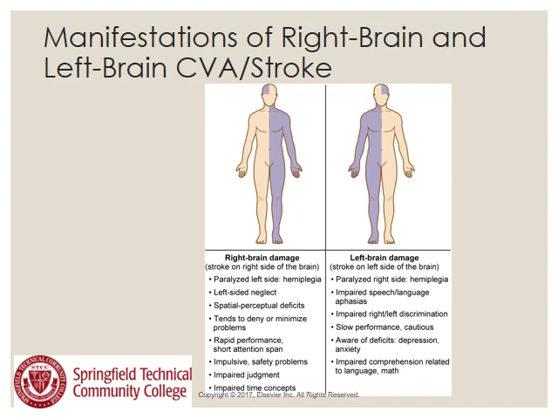They can have motor deficits on the right side, right paralysis, impaired discrimination between the right and left side. These patients may be very slow and cautious and very, very aware of the deficits that they have. They may be depressed or anxious, and they can have impaired comprehension related to language and or math.